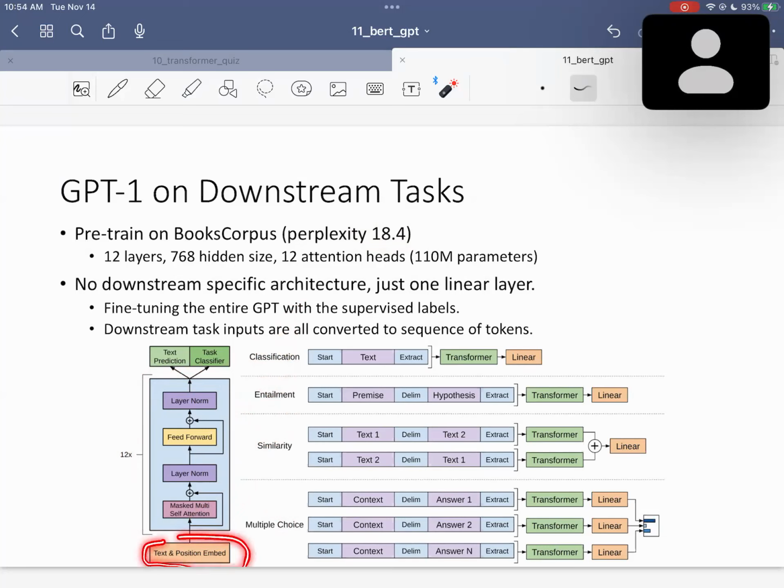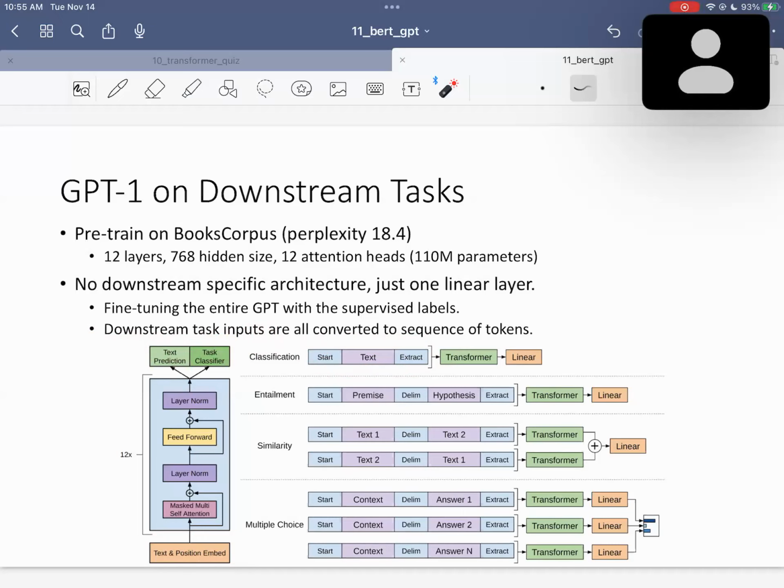So if you look at classification, what you do is you put this text that you want to classify. It could be a sentiment classification or topic classification, whatever. You have a text, and then you want to classify it into one of many different classes. So what you would do is you have a start token, the text that you want to classify, the end token, and then you put that into the transformer here, and then you would have the same number of tokens that comes out of the 12 layers of transformer, right?